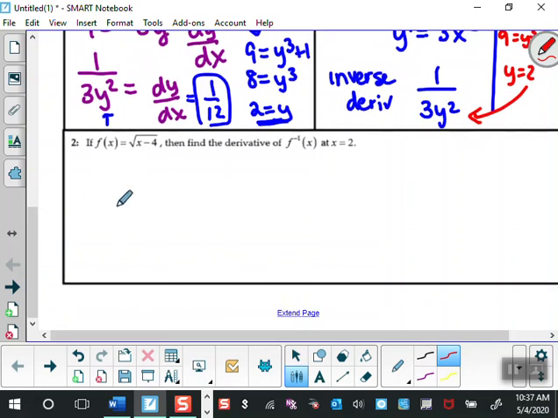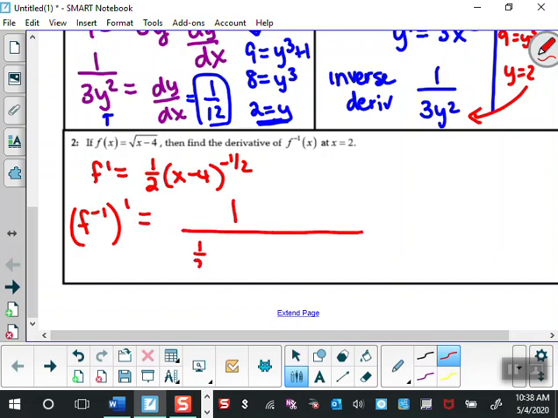So, if I were going to do this one, if I want my shortcut, my derivative is 1/2 (x minus 4) to the negative 1/2. So the inverse's derivative is going to be 1 over 1/2 (y minus 4) to the negative 1/2.